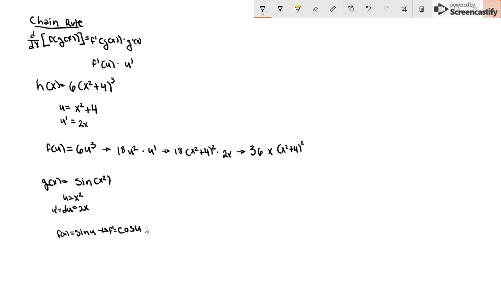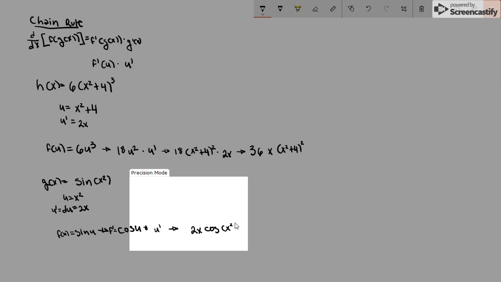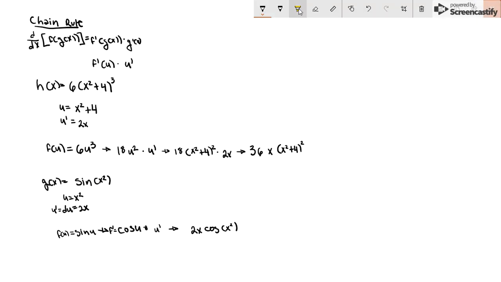And then you're going to multiply this by u prime. And your final answer becomes 2x cosine of x squared. And that's your final answer for both of those.